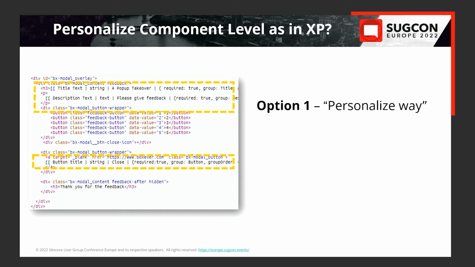Well, we are all used to doing personalization in XP, and that's why I am putting together here what the difference is. If you are personalizing content in a CDP, opt first to pick option 1, which is the personalized way. And here, like you're seeing, you're using tokens to show the data coming from the decision model, which is similar to how we program a component in Sitecore XP.